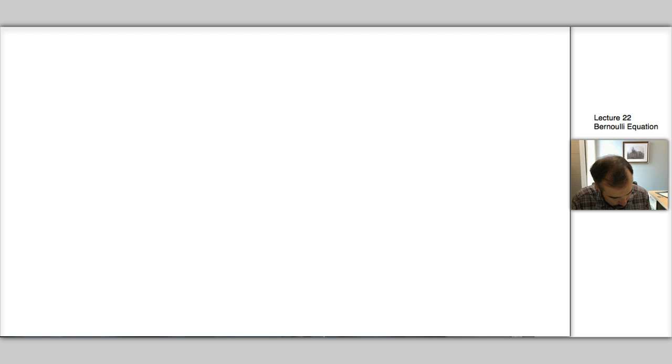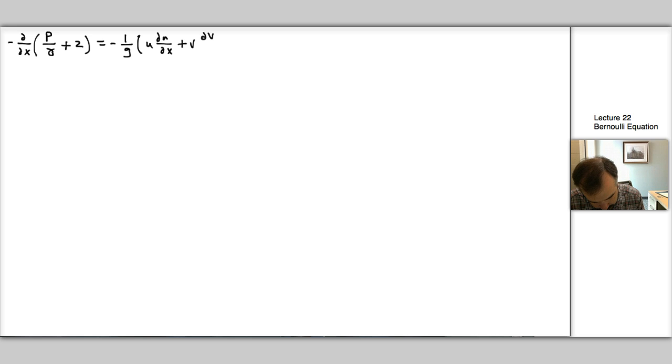I'm going to write this out again real quick here so we have it. Again, it's simply negative d/dx of (p/gamma plus z) is equal to negative 1/g times (u du/dx plus v dv/dx).